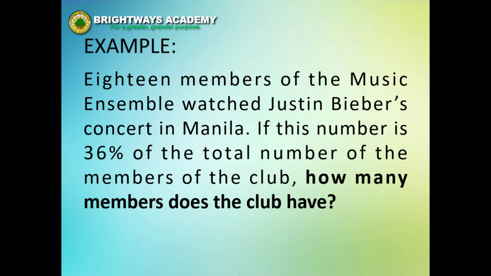If this number is 36% of the total number of members of the club, how many members does the club have? In this last problem, the base is missing since we are asked to find the total number of members of the club. To compute for the base, we use the formula P is equal to R multiplied by B, or the other formula, B is equal to P over R.